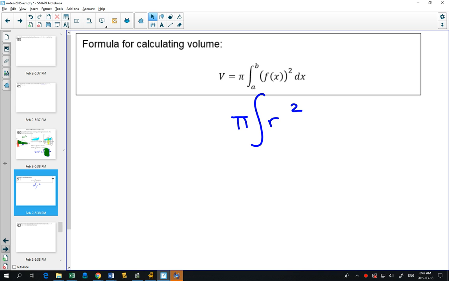And the radius, we talked about the integral finding that area under the curve. Well, your radius just becomes that point on our function. I think on your formula sheet they might have y instead of f of x.